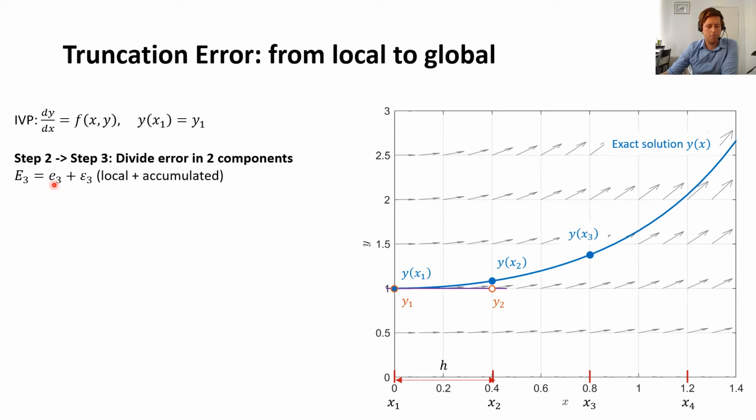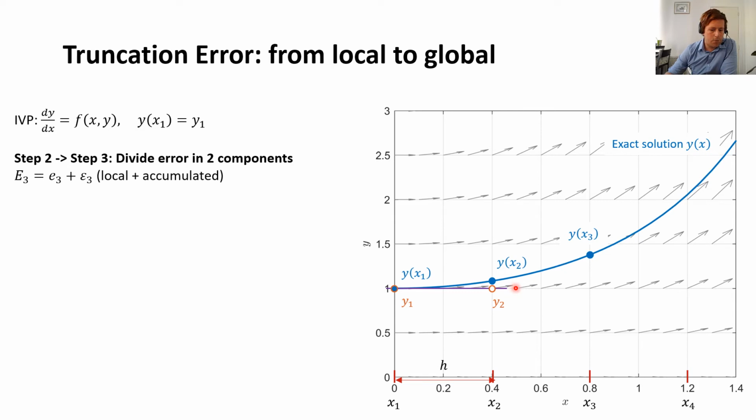One component is a local truncation error, very similar to the analysis that we did in the previous step. So assume that we start from an exact initial condition, that we take one step and observe what the error is. And we also want to quantify the accumulated error. So that is the error that we're making by not starting from the exact solution here, but starting from the numerical solution, which is an approximation.